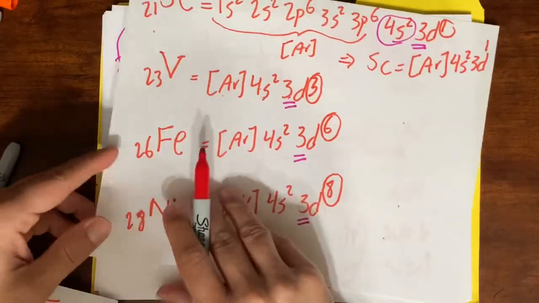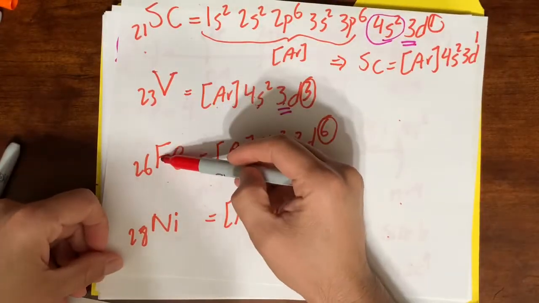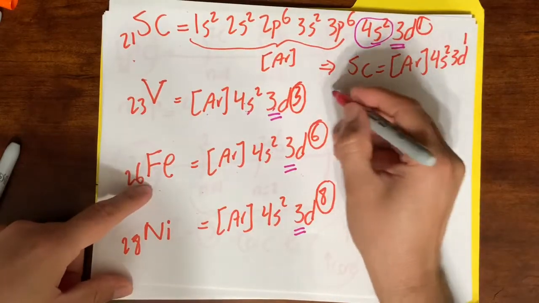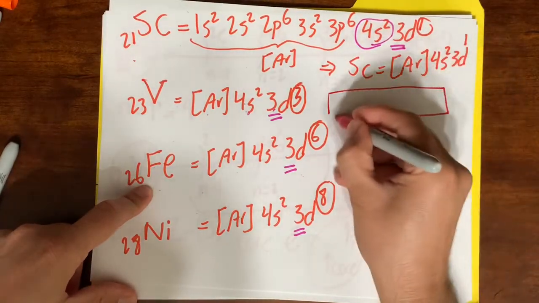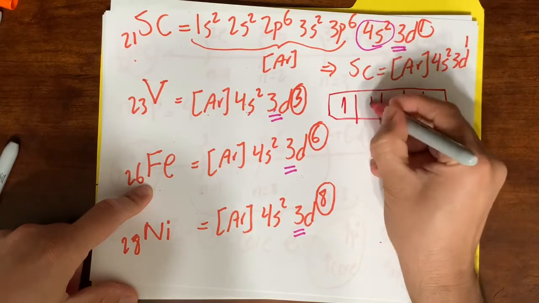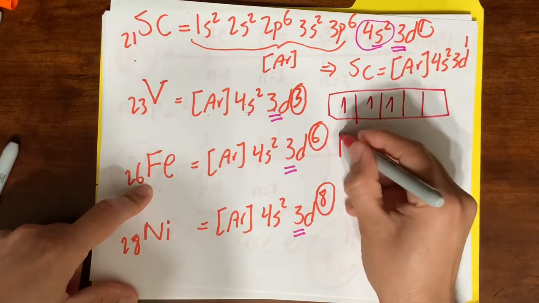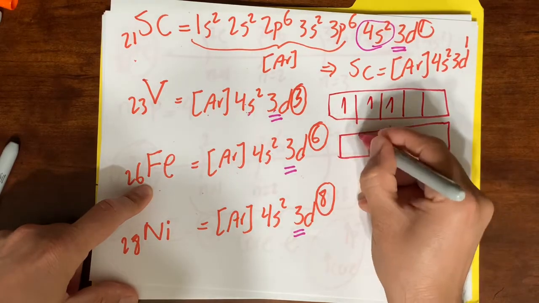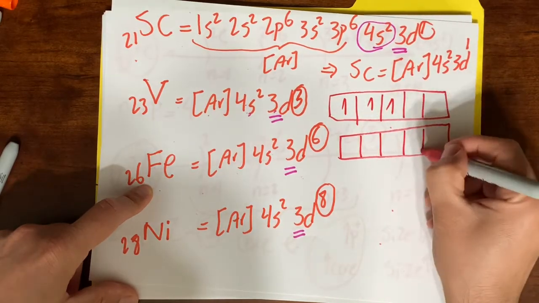So for example, from vanadium to iron, the d orbital in this case has 3 electrons. This one has 6 electrons.